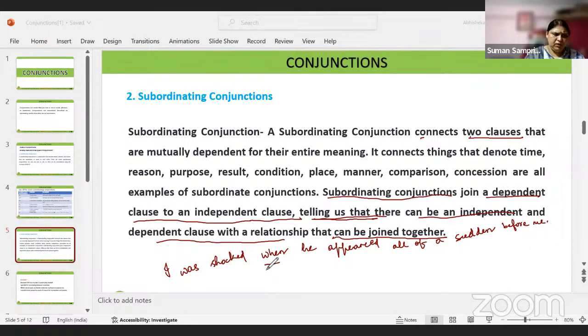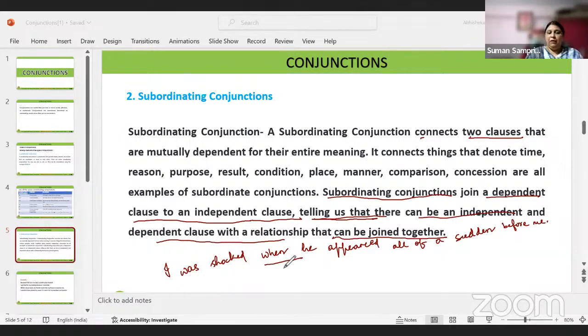Right. So see, here we join words that are equal, but subordinating conjunctions join opposite clauses. Not exactly opposite clauses, two clauses. Okay. Two or more than two clauses which have some relationship. Because there might be opposite, contrasting ideas. There might also be similar ideas.